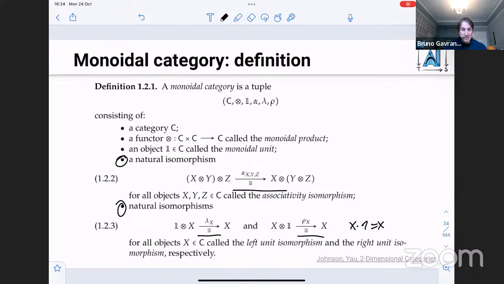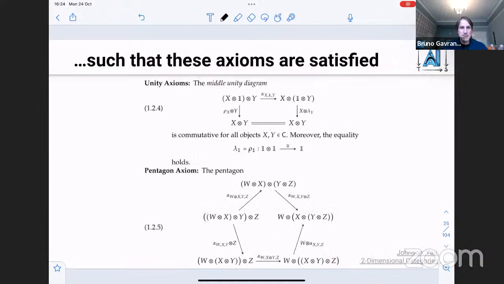Now, there is a last component of this monoidal category, which is on the next slide, which tells you that these associators and these uniters have to behave in a particular coherent way. So it might look quite scary here. Basically, we have two axioms here, and these are commutative diagrams, as you might remember from the first lecture, this is how we call them.